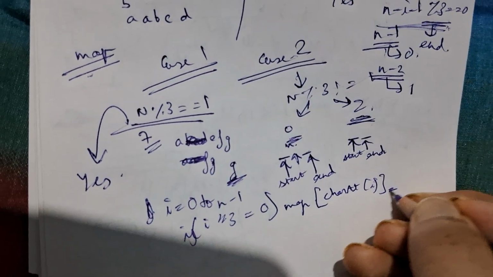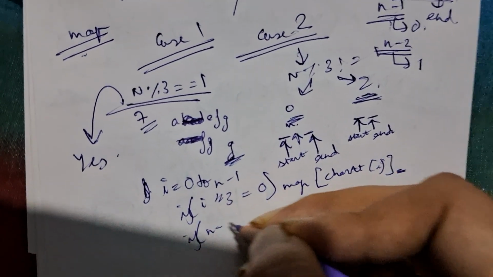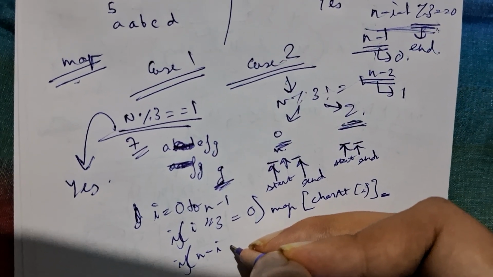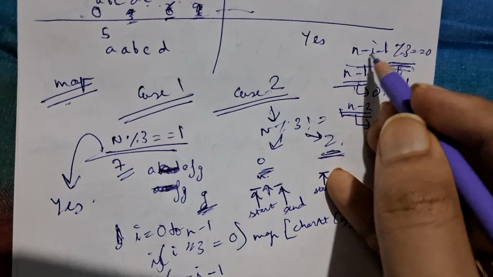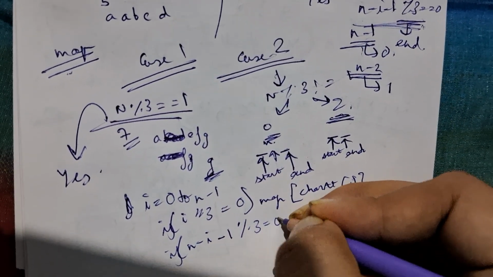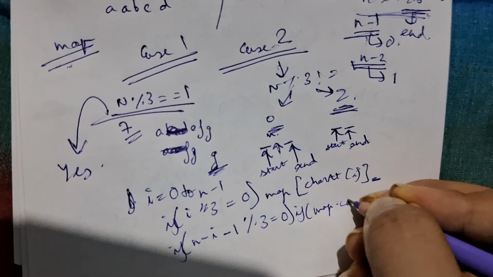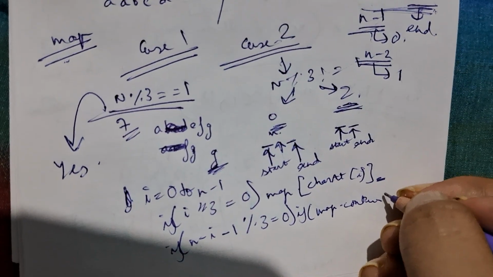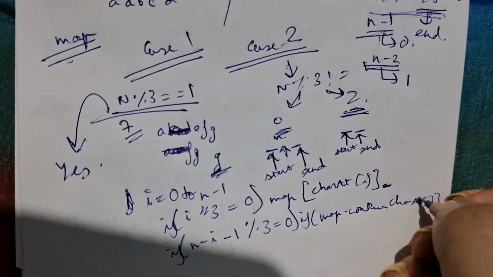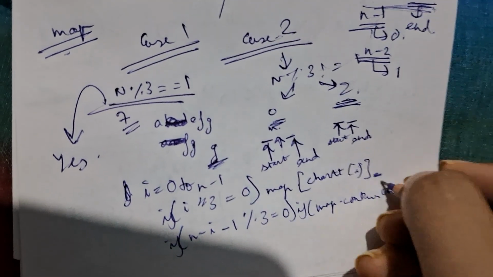And you have to check if n minus i minus 1, that is, n minus i minus 1 mod 3 is equal to 0, then you have to check if the map contains the character at i or not. I mean, the map contains that character or not.